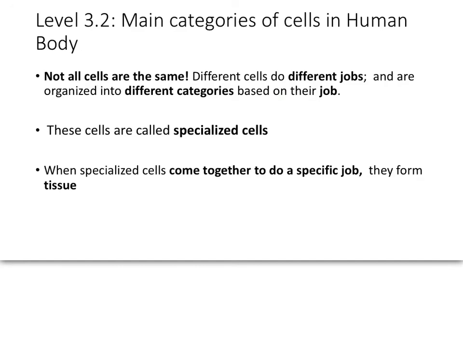Again, there are many different types of cells in a living organism, and not all cells are the same. Cells do different jobs. Because they do different jobs, you can put them into different categories based on their job. And what we do is we call these specialized cells. When you have specialized cells come together, that's where they form tissue.